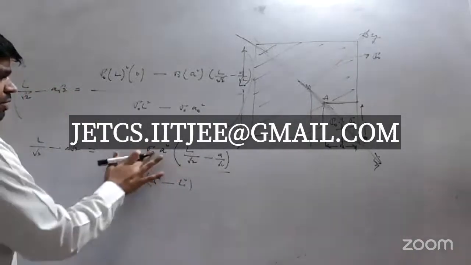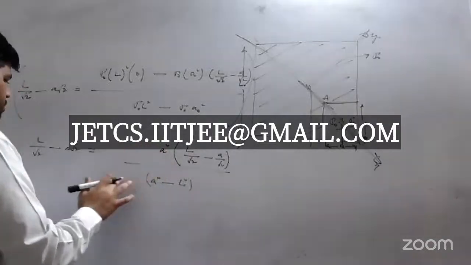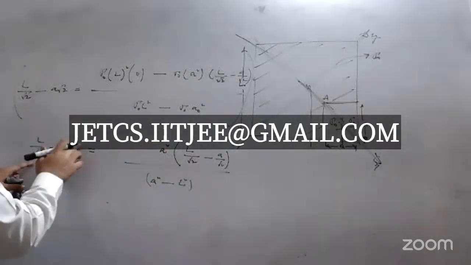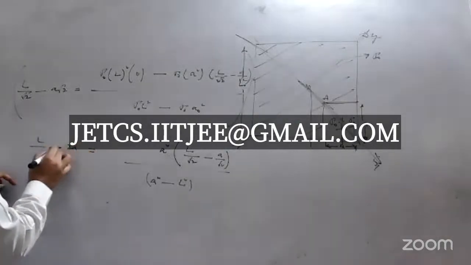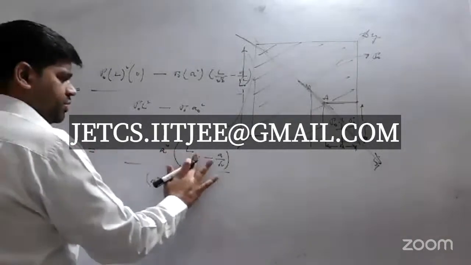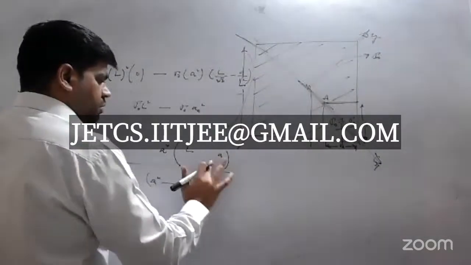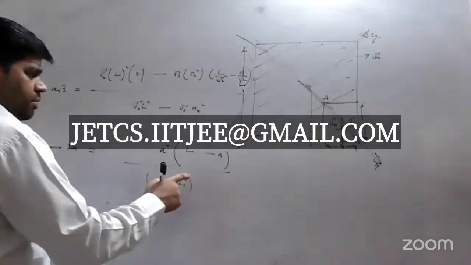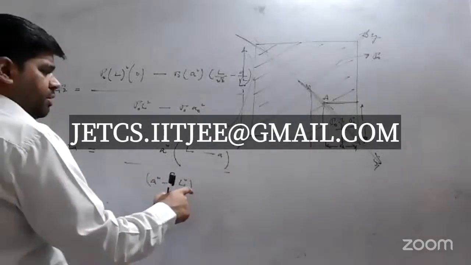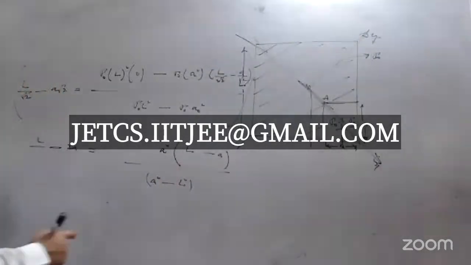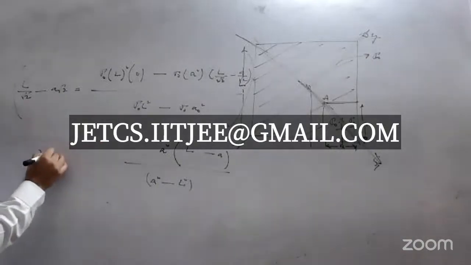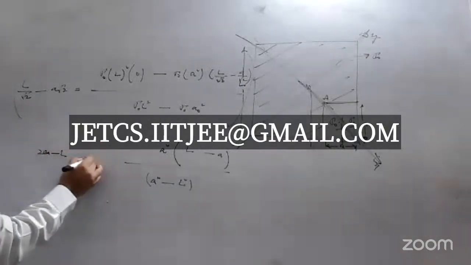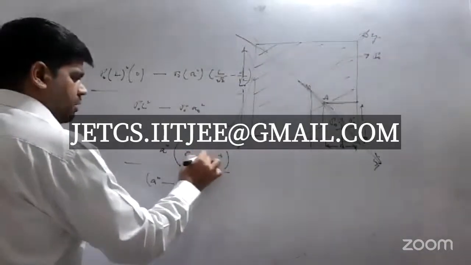So sigma is gone. Root 2, this becomes L into L minus 2a by root 2. This root 2 and this root 2 are gone. A minus L and L minus A. Alright, so I'll write it as 2a minus L is equal to a minus L.